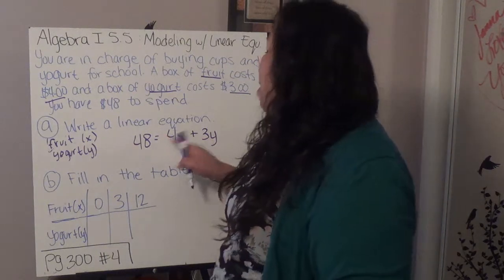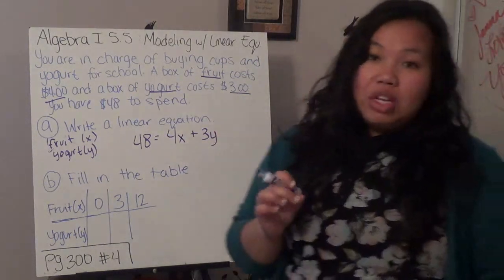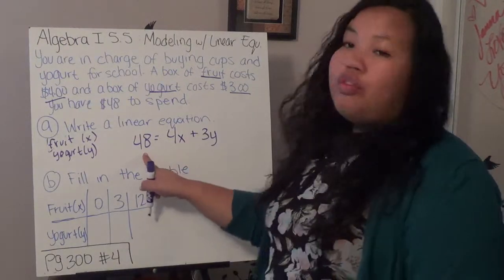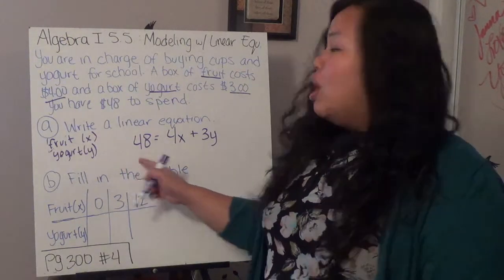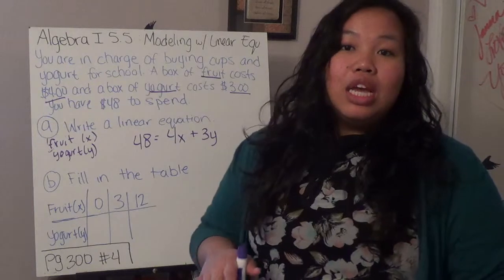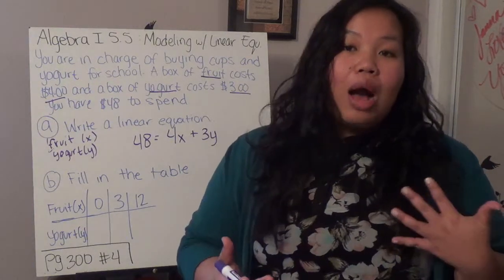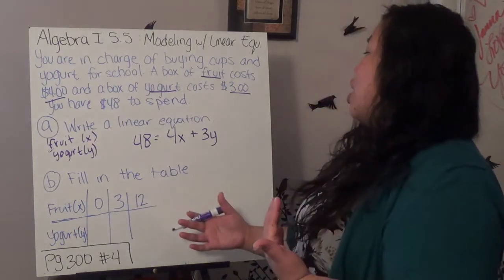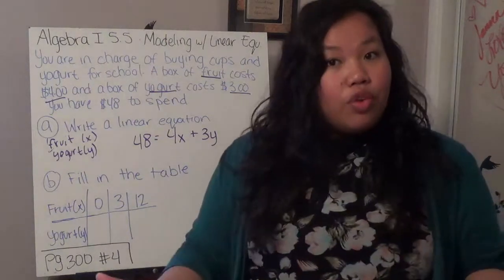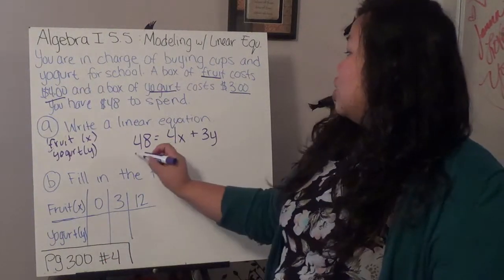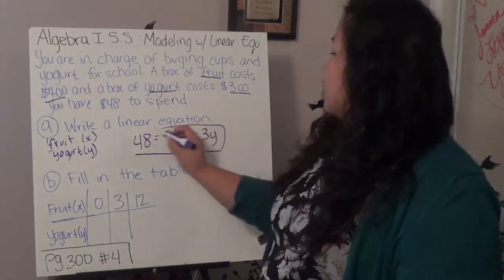It doesn't matter how much of each I buy, I just need to make sure not to go over $48. The chart will help in case you want more yogurt: how much more yogurt can you buy than fruit, and so on. So this is our equation that will give us the line.